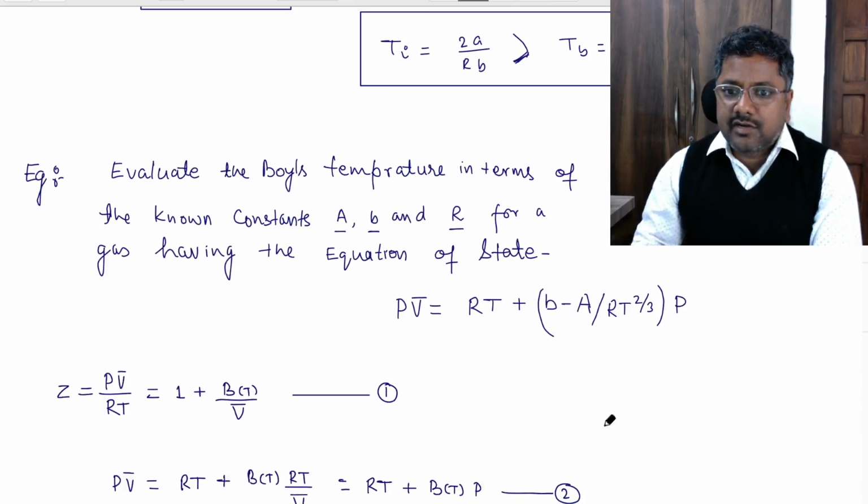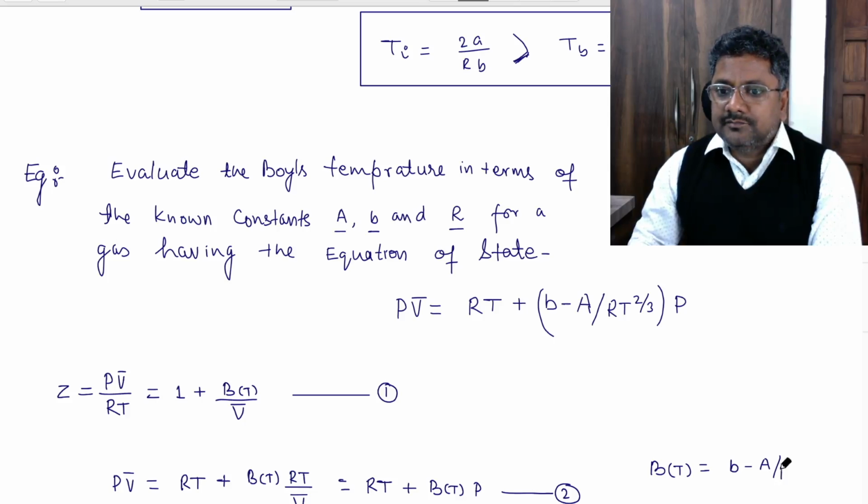So the second virial coefficient BT is equal to, by comparing these two equations, you can write b minus a by R into T to the power 2 by 3, right?